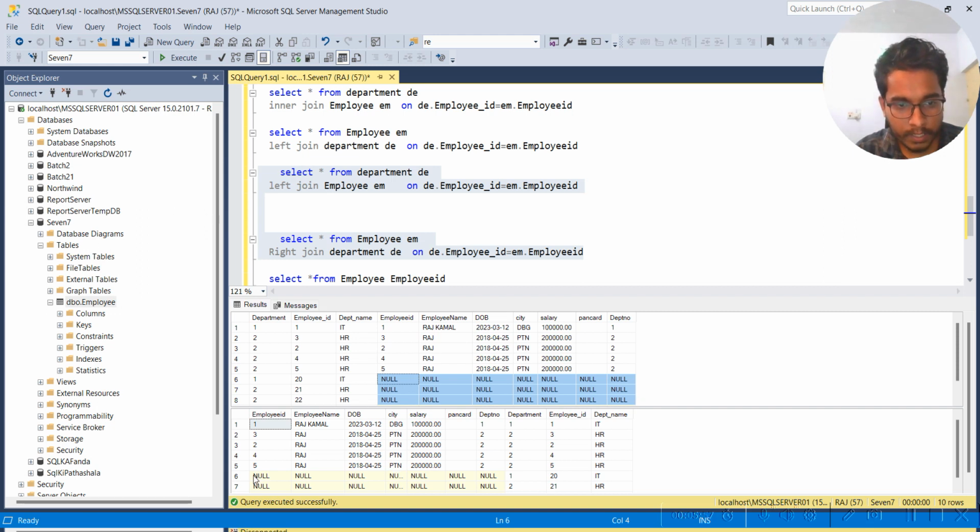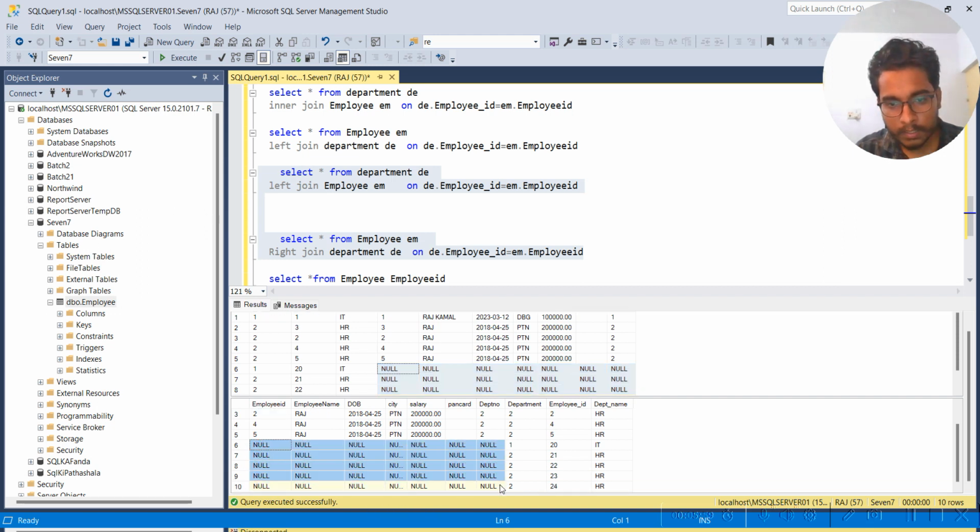So if we ignore the order in which we are getting department columns and employee columns, output-wise these two queries are returning the same values. So that's one of the important things.